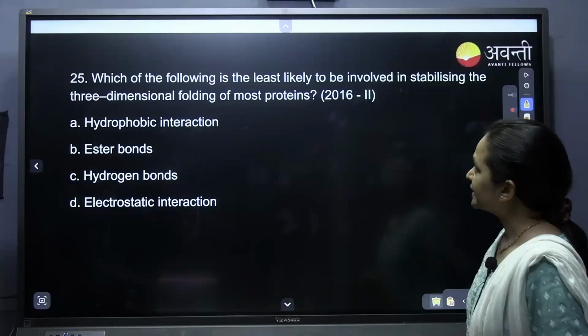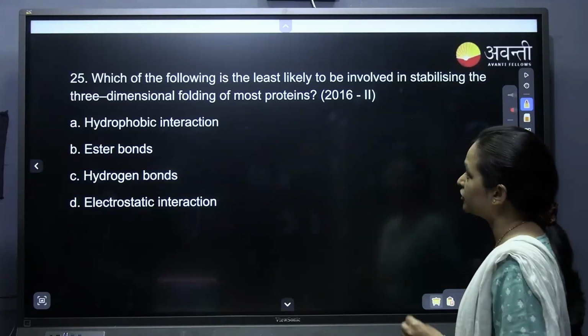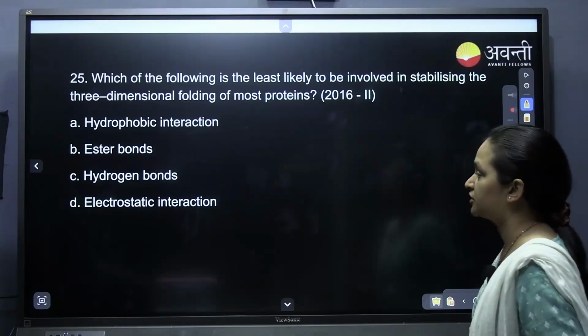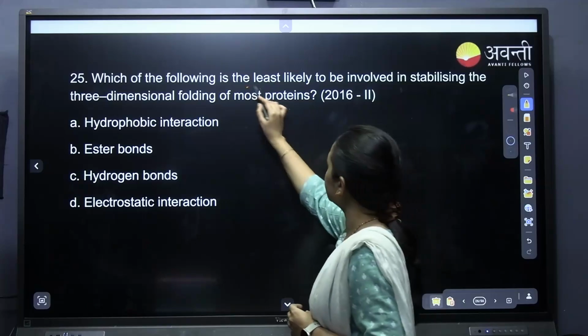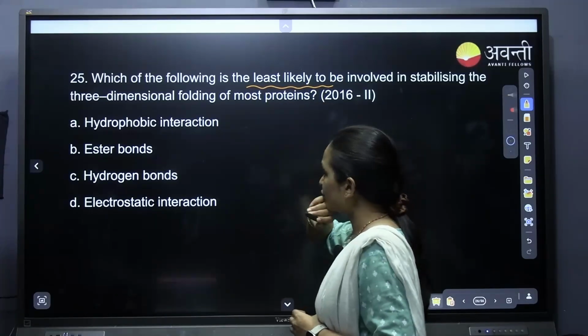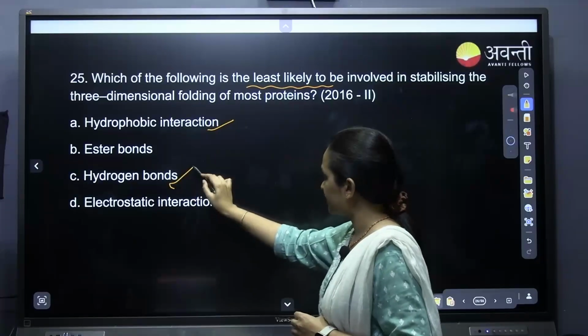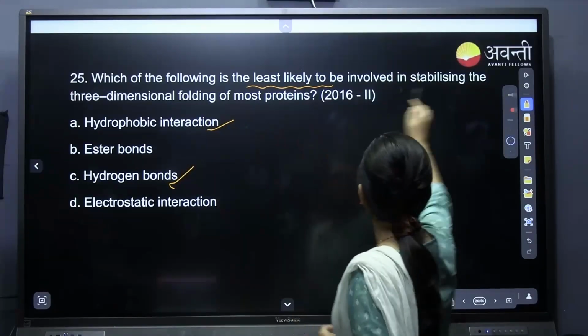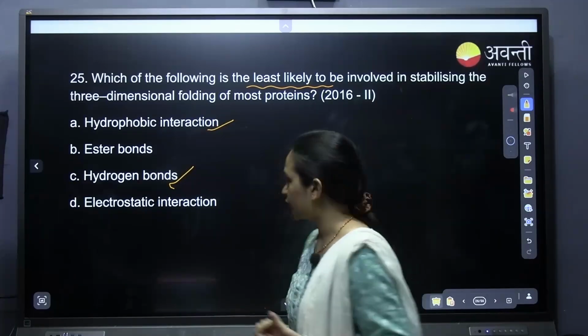Which of the following is the least likely to be involved in stabilizing the three-dimensional folding of most proteins? We need to find which is the least likely. Hydrophobic interaction, yes it is there. Hydrogen bonds, definitely required for stabilization. Sulfur bridge is required.